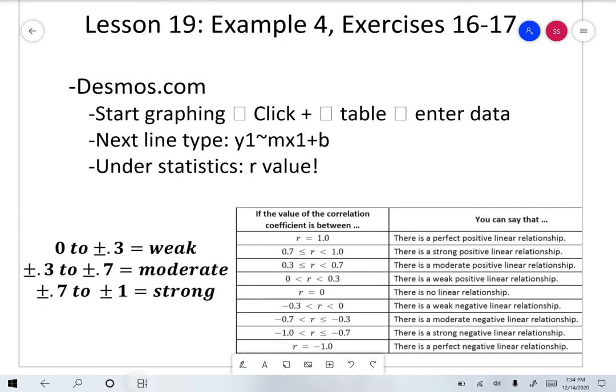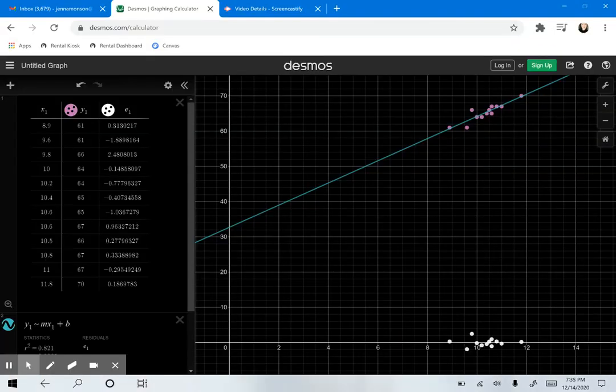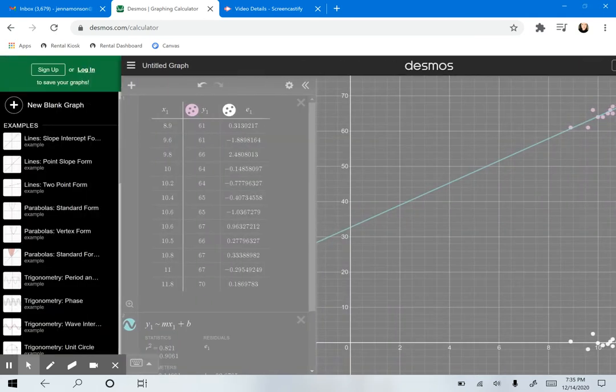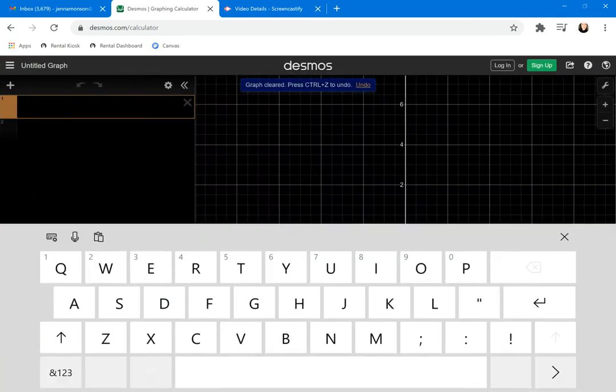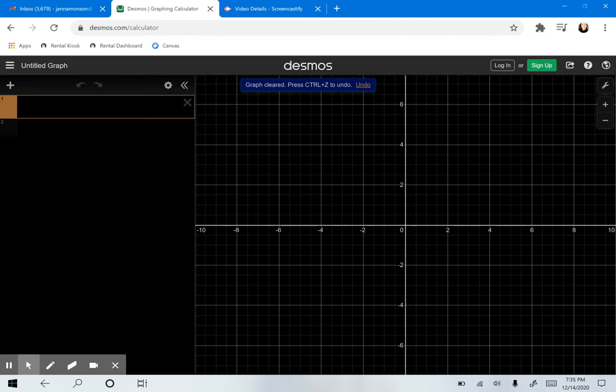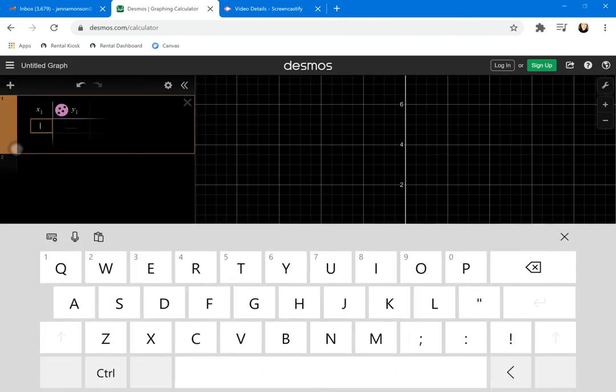So here we go. We are going to do a new graph. You're going to click on that little plus button in the top left corner to get a table in there. Again, this is going to be lesson 19, example 4.